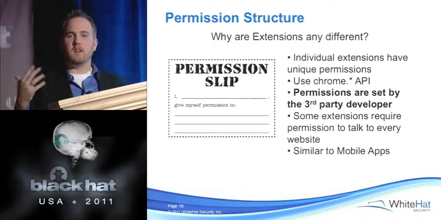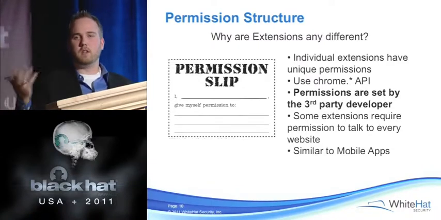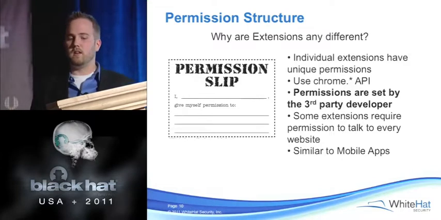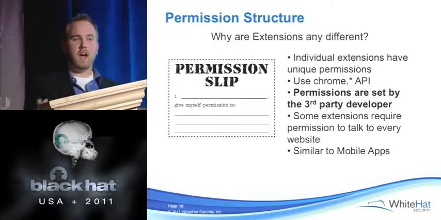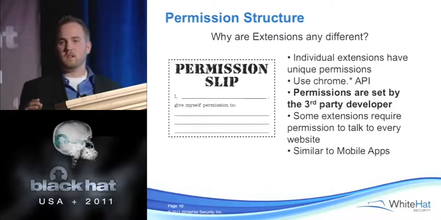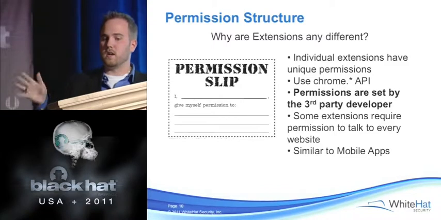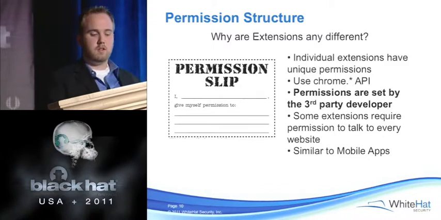There's no way to guess every potential domain that is going to have an RSS feed on it. So it's going to need to be able to talk to everything on the internet, right? So we've actually found some of these extensions out in the wild that have absolutely wide open permissions, *://*/*, right? And so they're able to talk to everything. So that's kind of what we're talking about here.